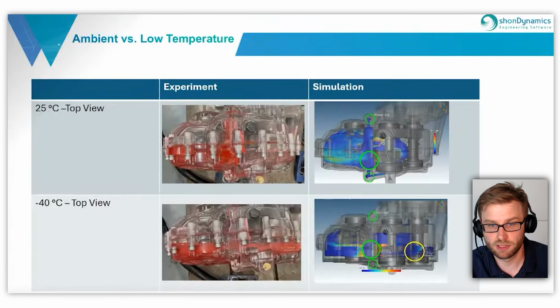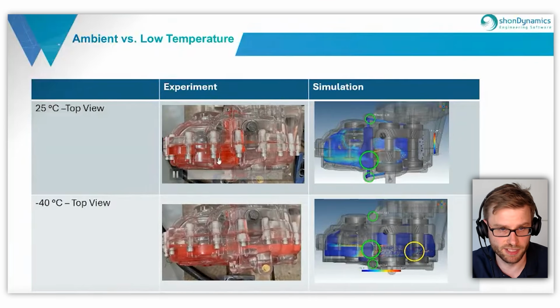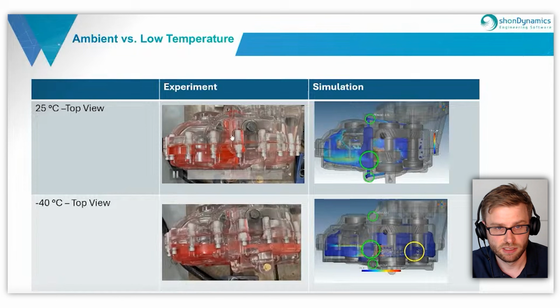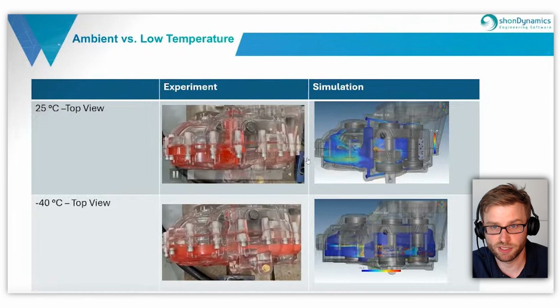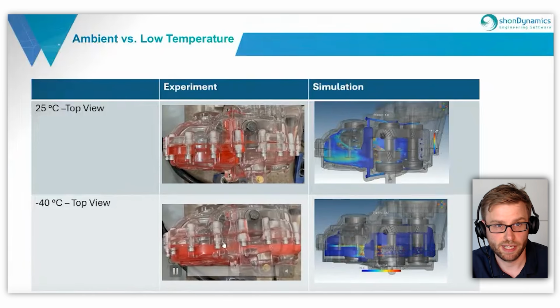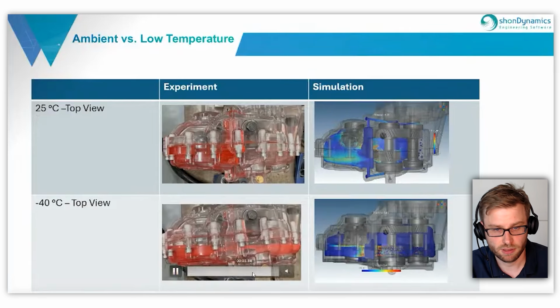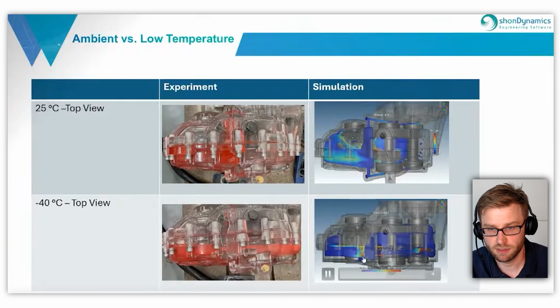And why is it like this? If we look at the top of our gearbox, we can see in the 25 degree case, the pool gets filled properly in both experiment and simulation. But if we look in the experiment at minus 40 degrees and stop the video, we don't see any fluid entering this pool on top of the gearbox.